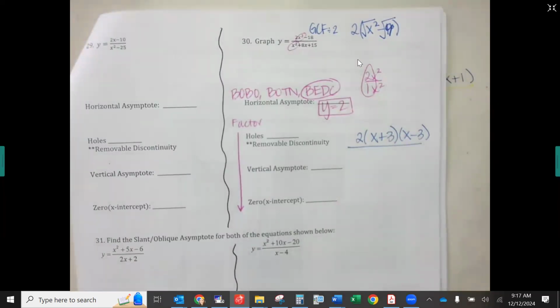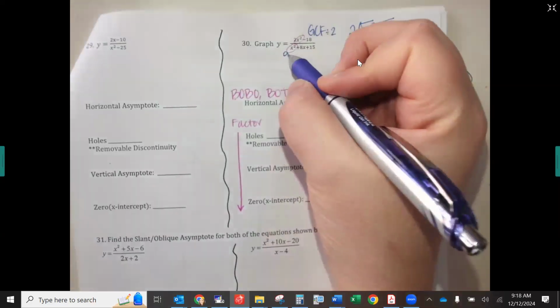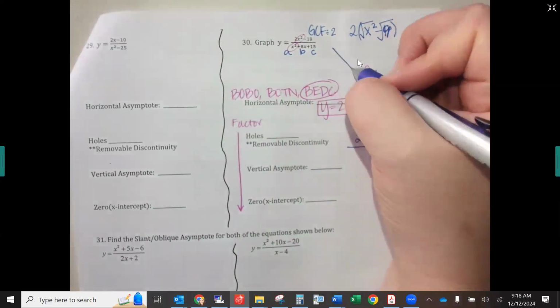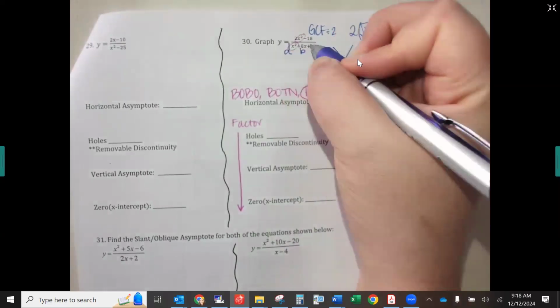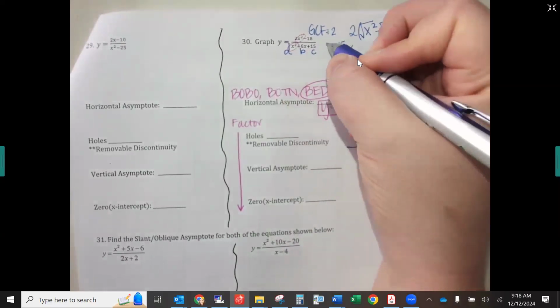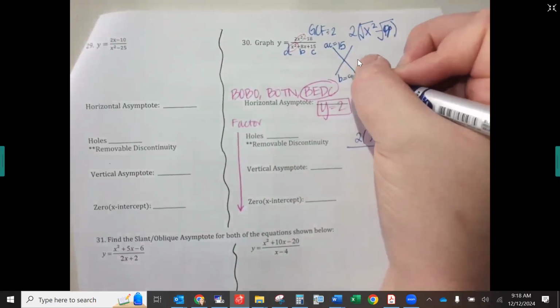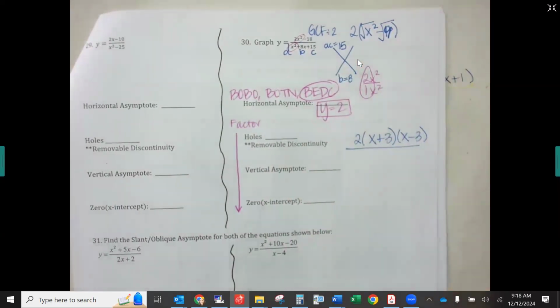Okay, for the bottom, you're going to ABC it because it's got 3 parts. So it's A, B, C. For my little chart here, I want 1 times 15 is 15. That's my AC. And then I need numbers that are going to add to B, my basement number of 8.